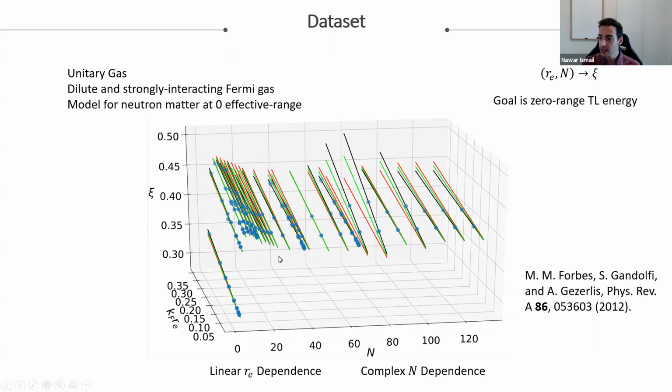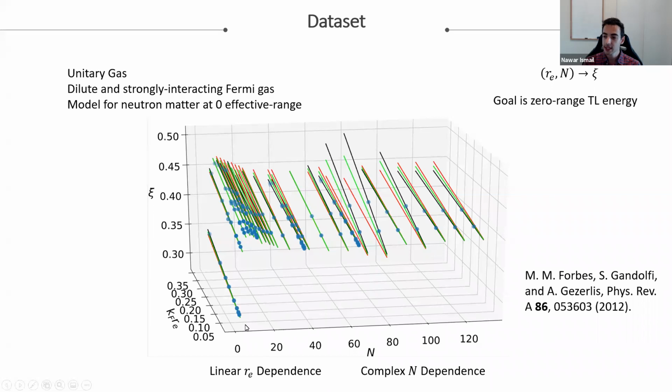From this data set, we can ignore the lines for now, I'll mention them in a moment, but just these data points here, we notice the two dependencies. The unitary gas has quite a lot of simplifications that allow it to be parametrized by only two parameters, the effective range of the interaction and the number of particles in our simulation. And from that, we predict an energy.